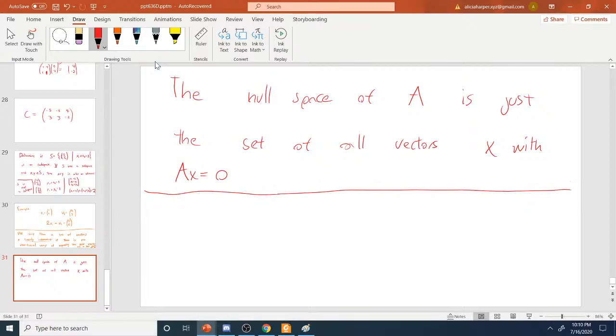Now, in fact, the null space is a special manifestation of something that's called the kernel.